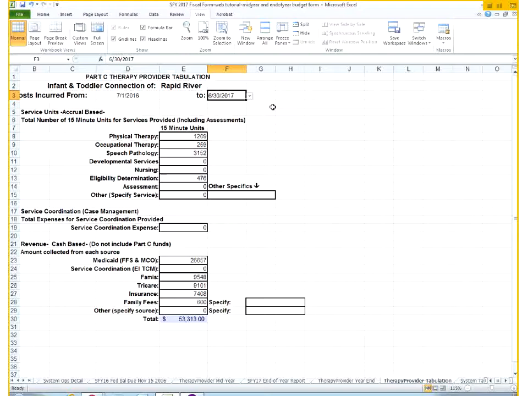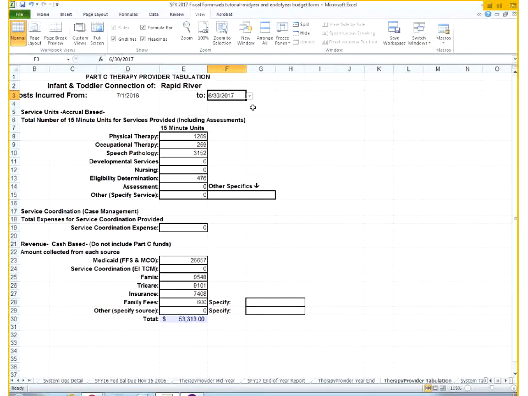This report will automatically total the information in Section 1, 15-minute units, the information in Section 2, service coordination costs, and the information in Section 3, revenue, from the mid-year and year-end report. So the only thing you enter on this report would be your start date, and then use the drop-down for your end date. And it calculates the year-end totals for you.